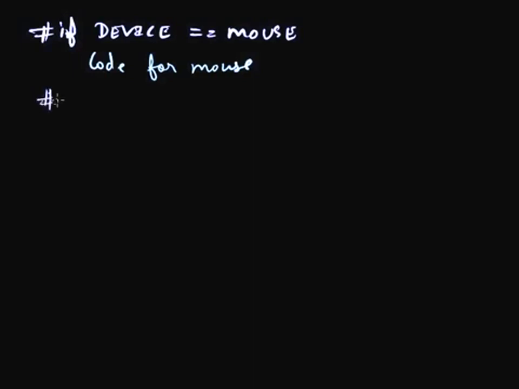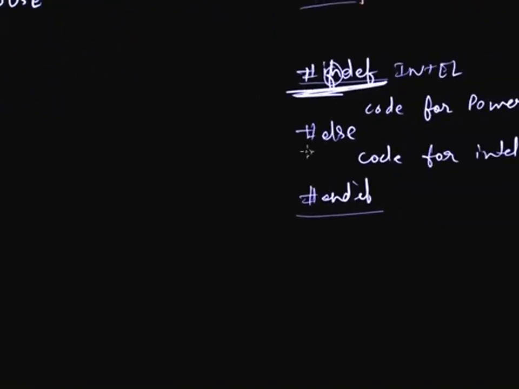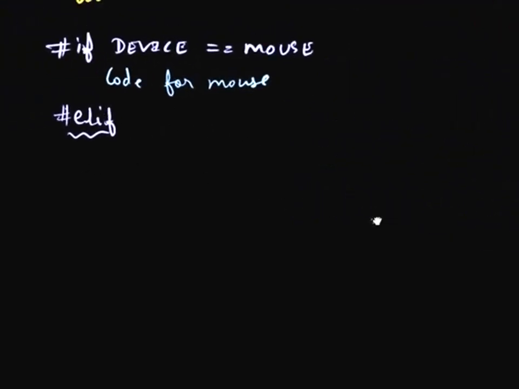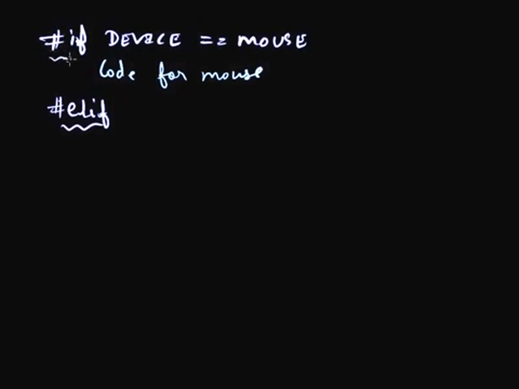Here we have #elif. Attention to be paid here: we had #else earlier, and we did not have any else-if. When we use the #if operator, we can also have #elif, actually else if, right?